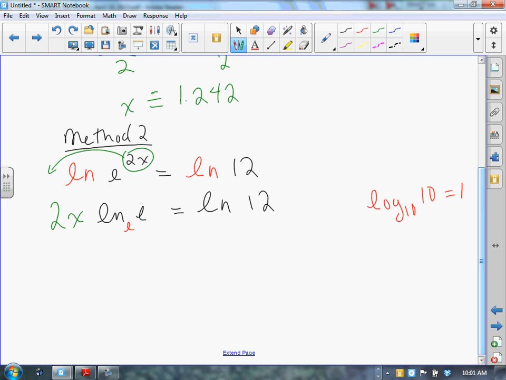It's very similar, except that's base 10 log. Here we have base e log. So it's the same thing. So that's going to give us a 1. And now we're back to the same position, right? Solve for x. So the moral of the story there is that the ln, or natural log, of e is 1.